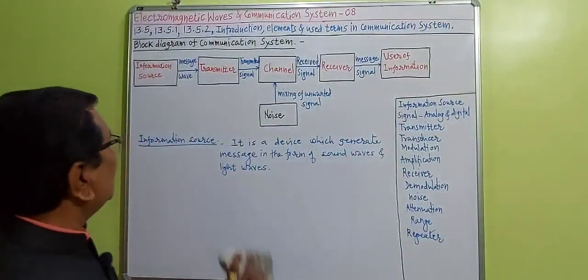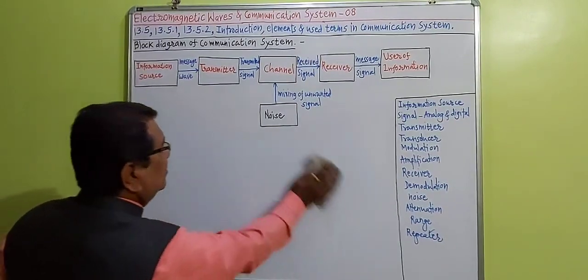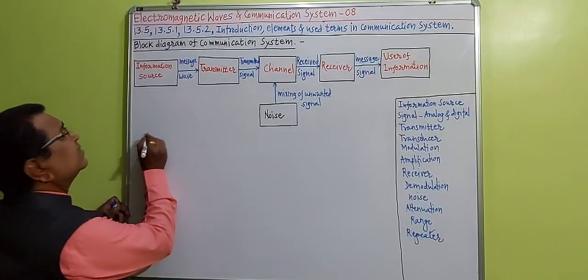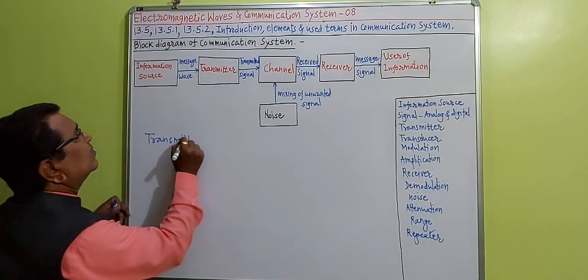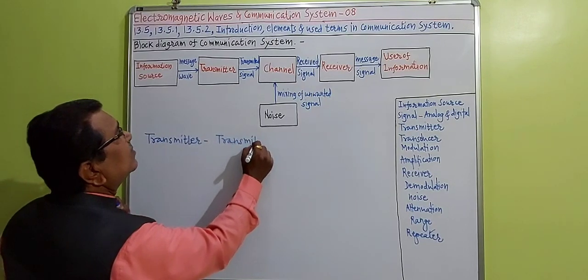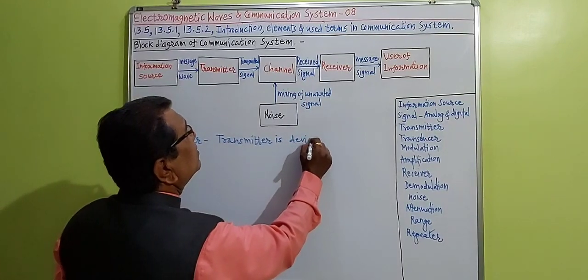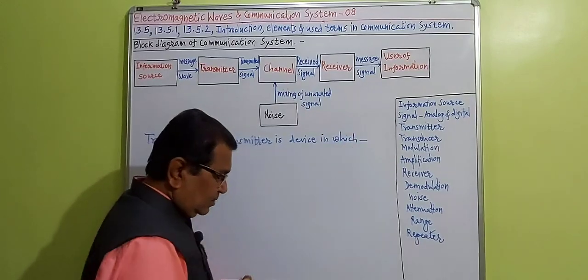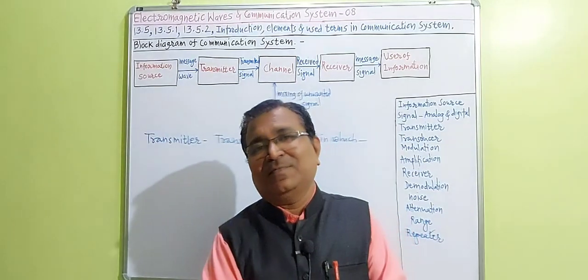Okay. Transmitter. I will write here: transmitter is a device in which three processes are happening.